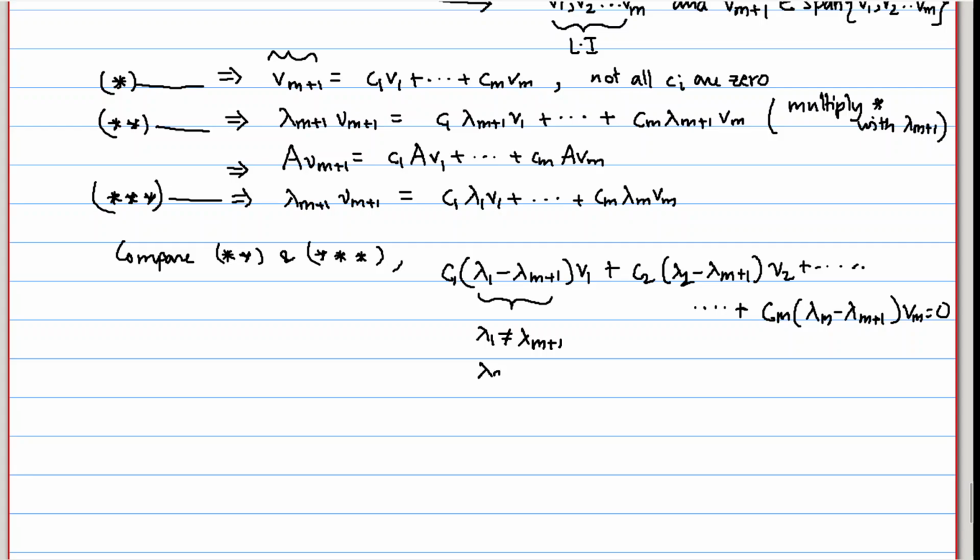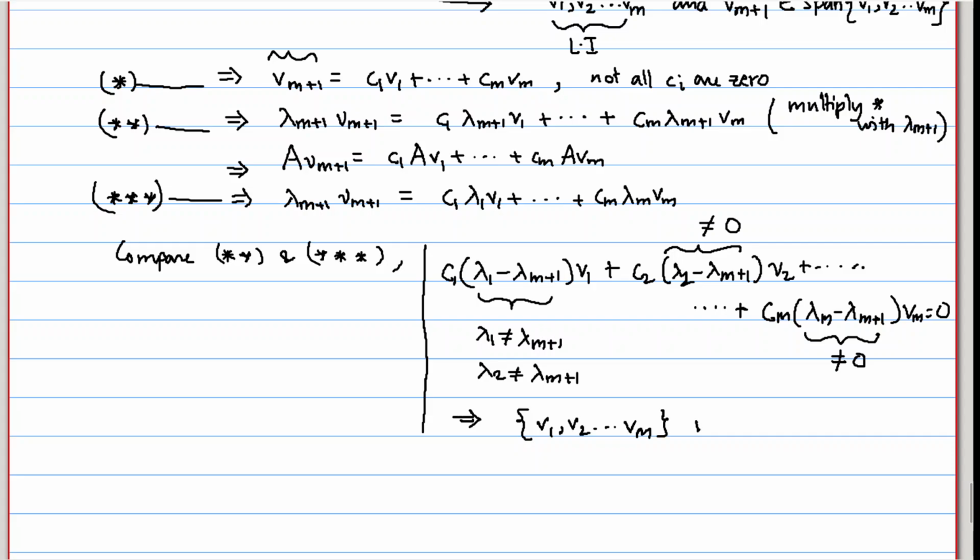In fact, all of the eigenvalues are different, so all of these terms are non-zero. So this kind of combination implies that V1, V2 up to Vm is linearly dependent, which is a contradiction.